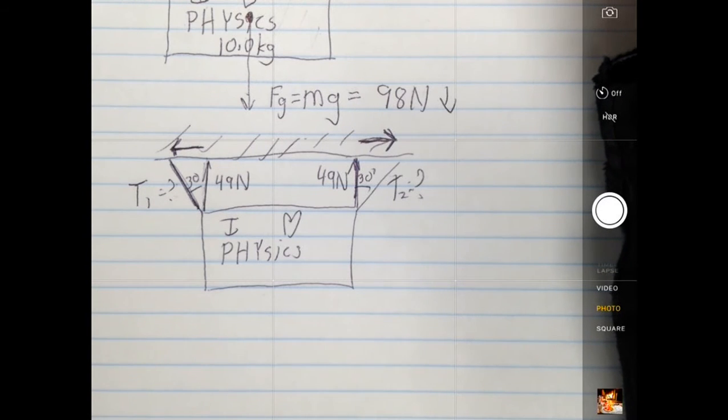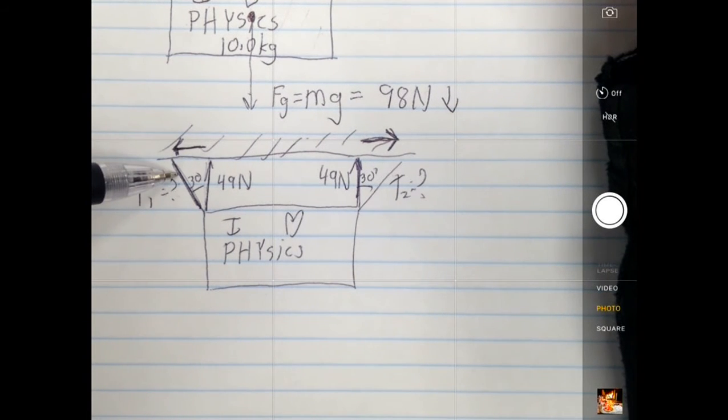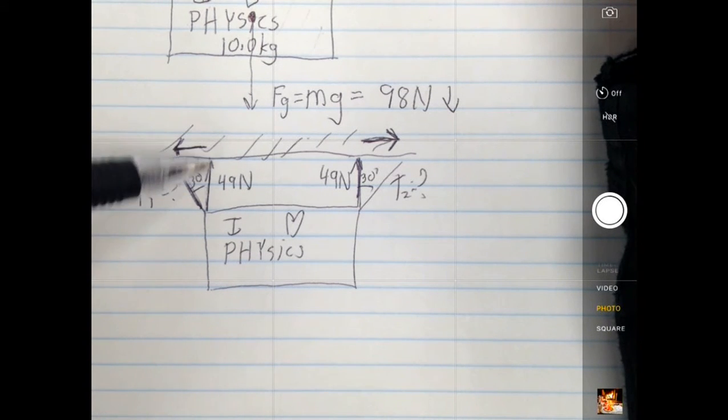Geometrically speaking, though, the ratio of the lengths of the physical triangle here is identical to the ratio of the sides of the tension triangle. Meaning, this is a 30, 60, 90 right triangle where this vertical leg is 49 newtons.